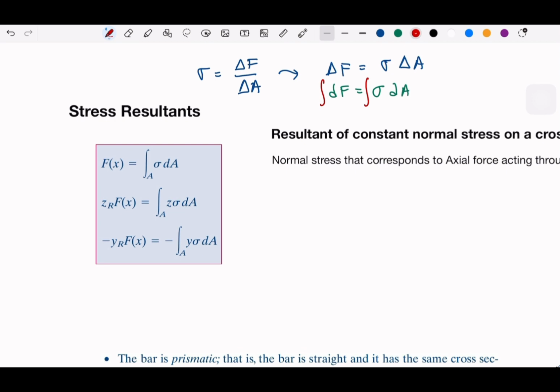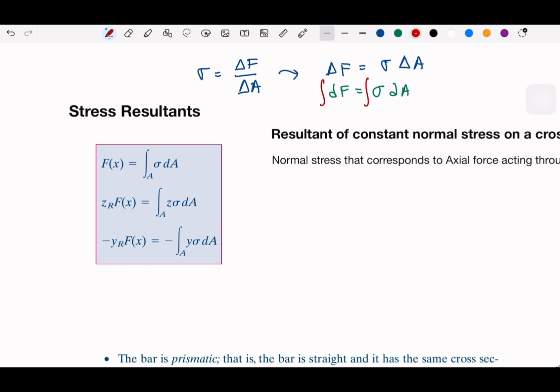So we get F of x, which means it depends on the independent variable x. So we could say that our F is actually the integration of the stress over dA, the sigma dA. Okay, and then similarly, what we have on the moment.